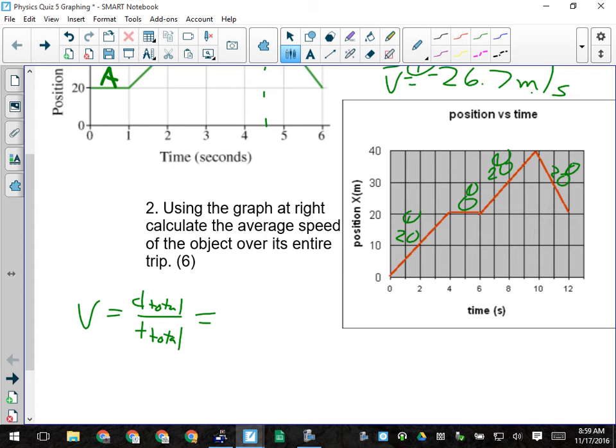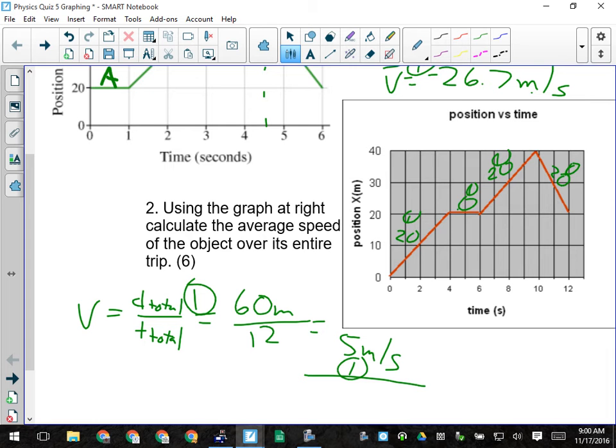If they didn't write the 0, they may have just gone, well, there's nothing. I'll accept that. I probably wouldn't have written that myself. So we'll have 60 meters over 12 seconds, and that should give us 5 meters per second. So that will be 4 marks, 5th mark, 6th mark.